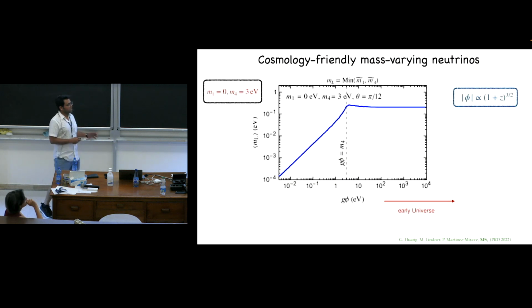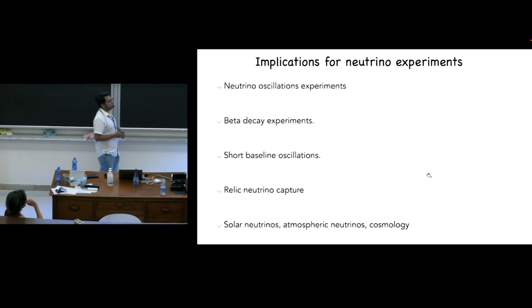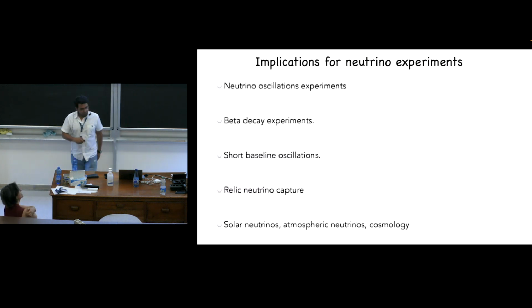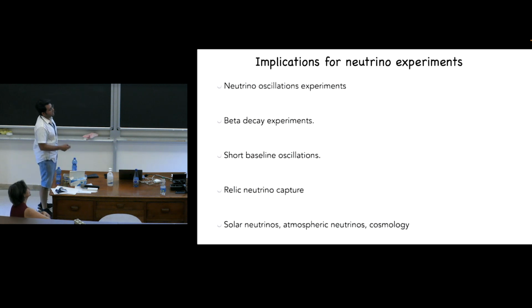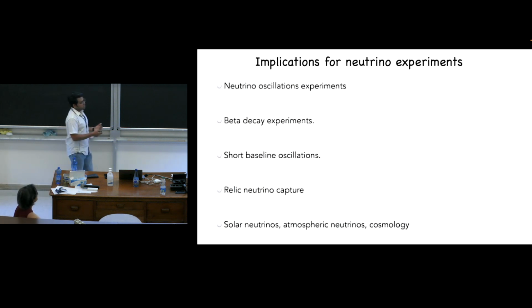So the idea would be that this kind of a scenario can be constrained from all sorts of terrestrial experiments through the time modulation, while as you go in the early universe, you would try to constrain them from structure formation or BBN bounds and so on. And this is what I would be focusing on in the rest of the talk. I would be talking about some constraints that arise from each of these experiments, from oscillation experiments, and this is going to answer one question that was asked in the previous talk about time modulations.